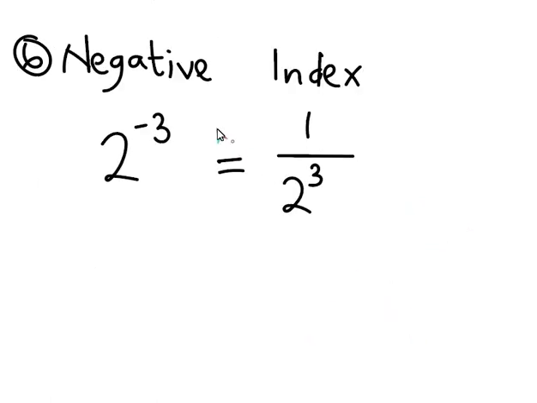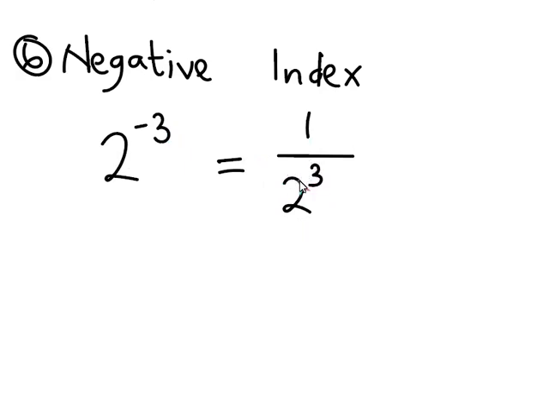So we also have the negative index, and for the negative index, the number raised to a negative index equals the reciprocal raised to the same positive index. Like you can see here, a negative power of 3, 2 raised to the power of minus 3, is the reciprocal of this number raised to the same index, but there is no negative here, right?